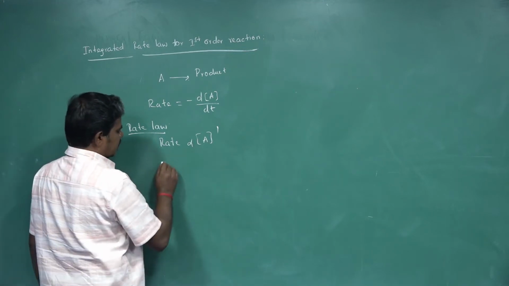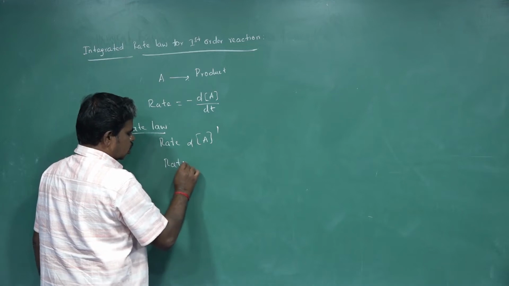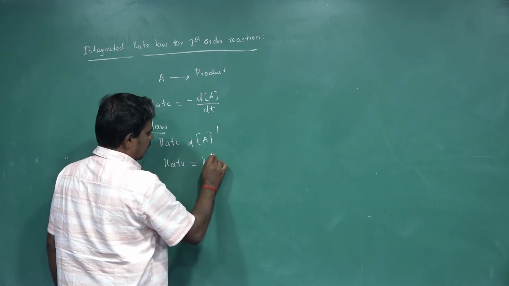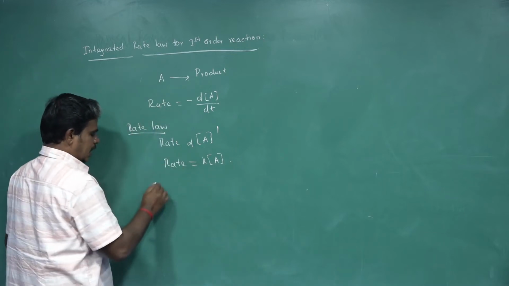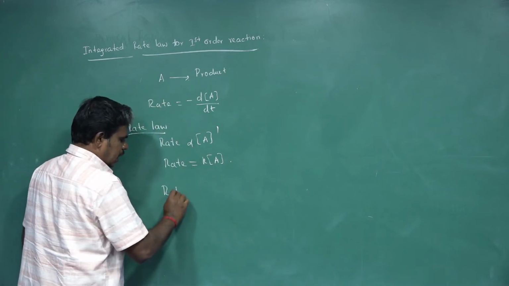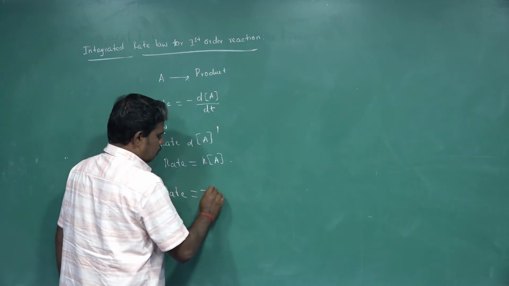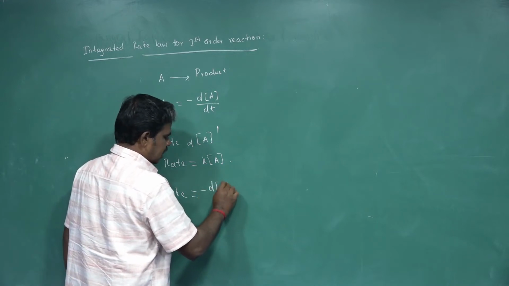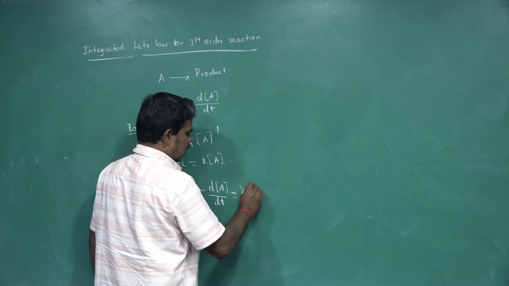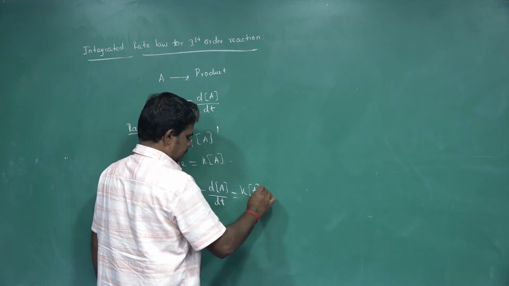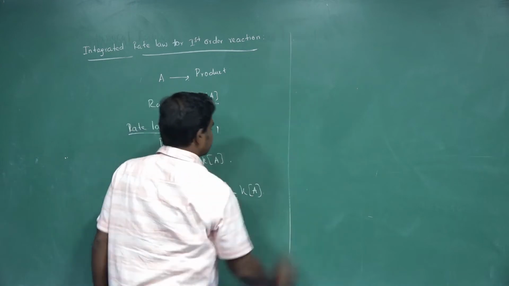Now we equalize this. Rate is equal to K into concentration of A. Both are the rate, so rate is equal to minus d concentration of A with respect to time, which is equal to K into concentration of A. This is the differential equation.